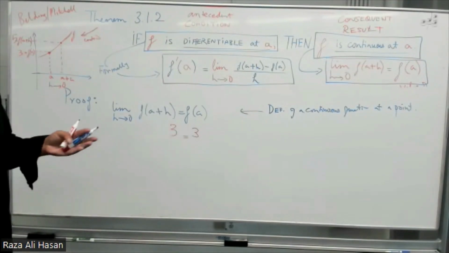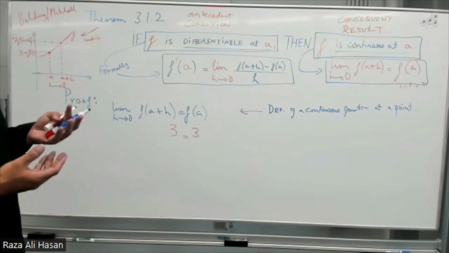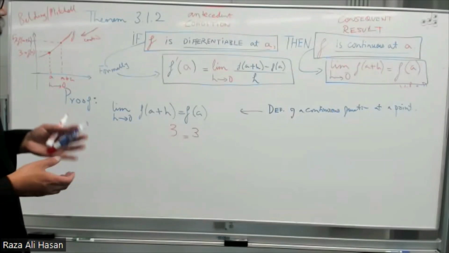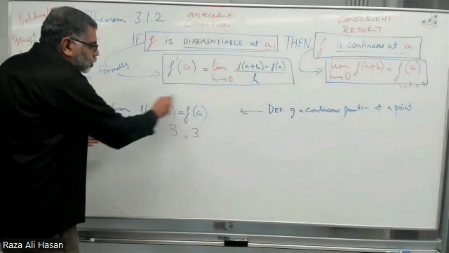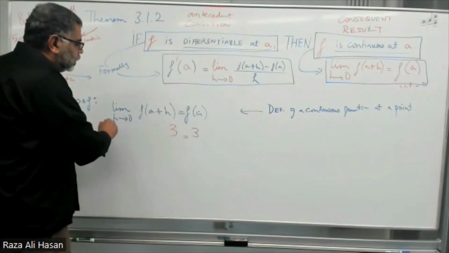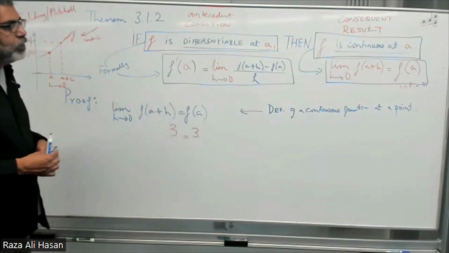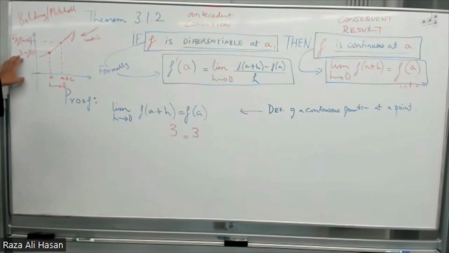But unfortunately, we don't have actual numbers to apply here. So what's the best thing that we can bring in to prove this notion of continuity? What do we have rather than actual numbers and a specific function?